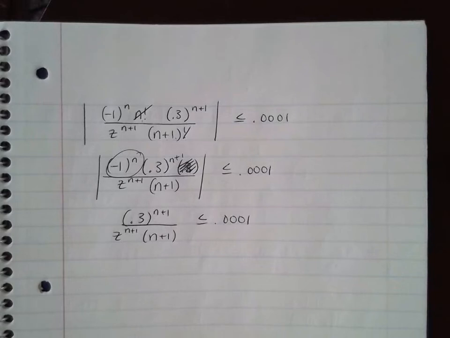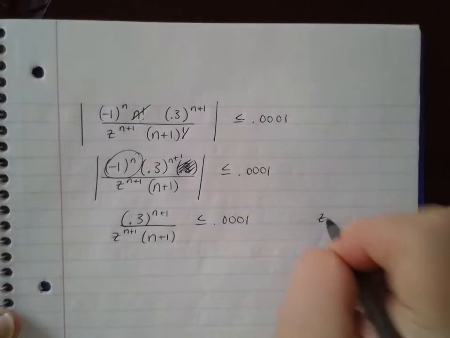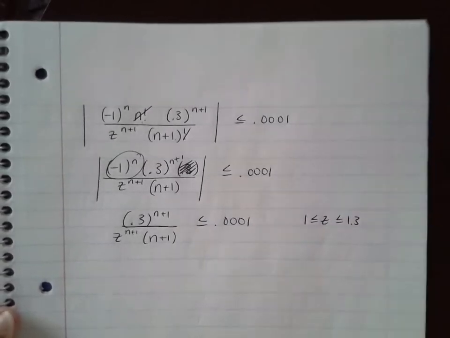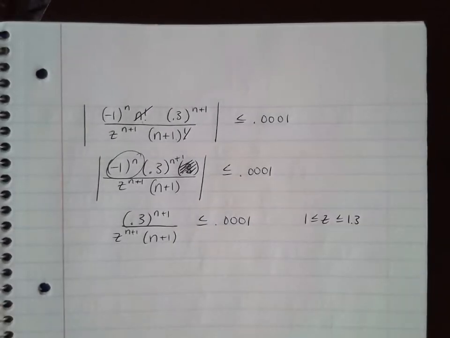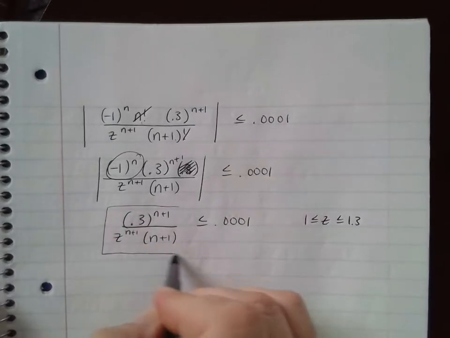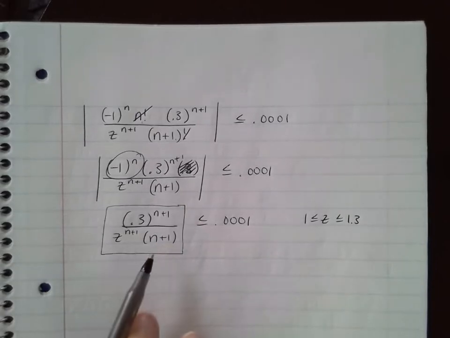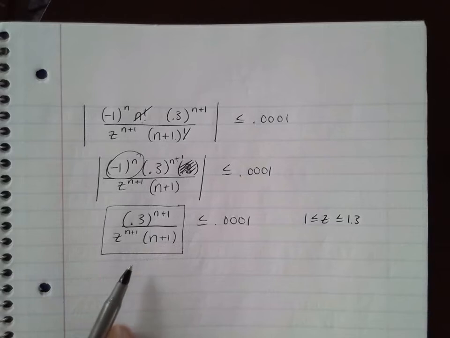Z is supposed to be a number somewhere between the 1.3 and the 1. And we need to figure out what that z should be so that we have minimal error in this situation. Now, if z is between and possibly equal to 1 or 1.3, which one of them would maximize this issue so that we would basically be analyzing our worst case scenario?